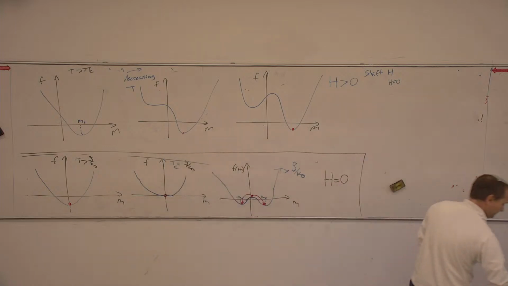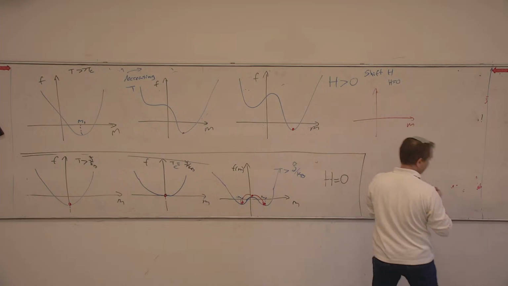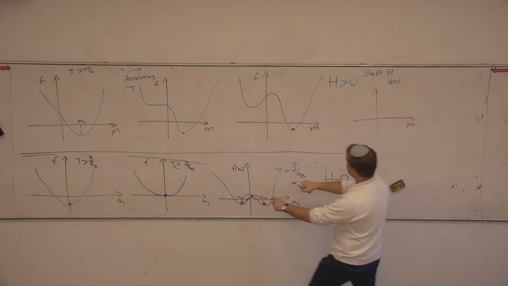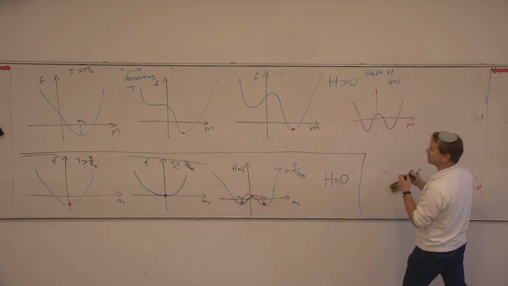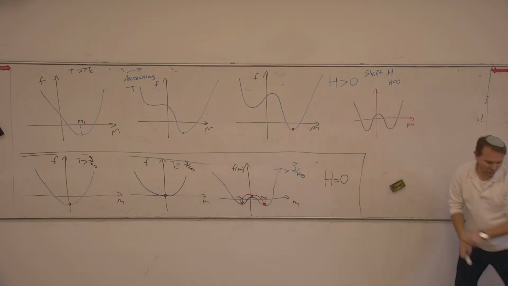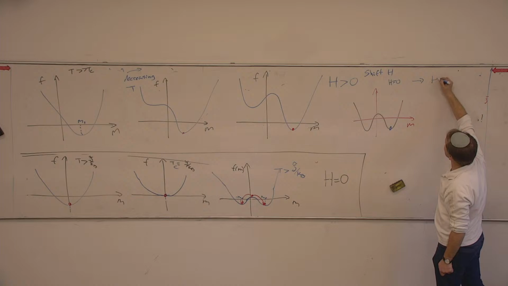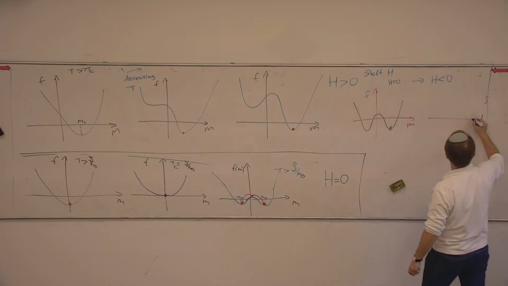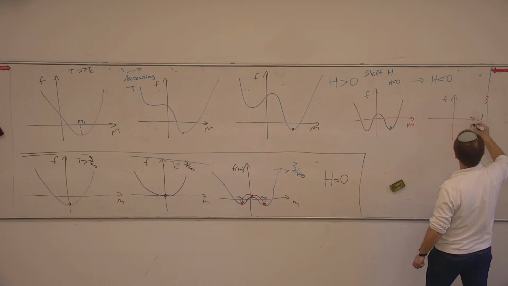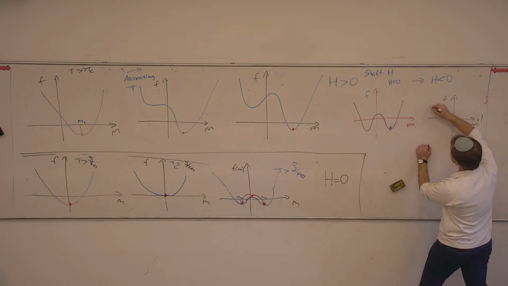Okay? This is F, this is M. I will get to here. And the system, because it was sitting over here, still sits over there. I will shift my h to negative values. What I'll get, this is F, this is M. I'll get that this peak will become smaller.